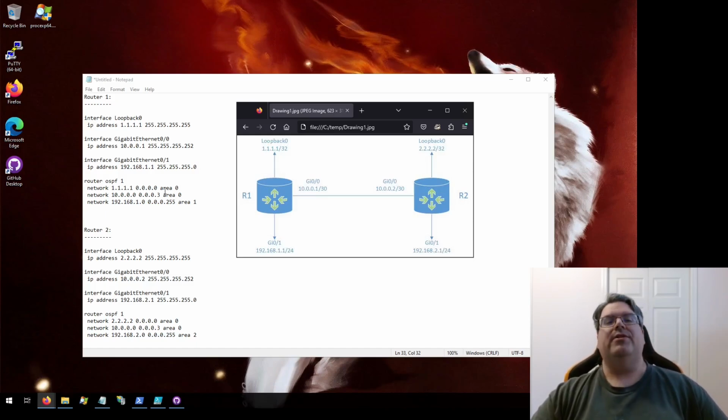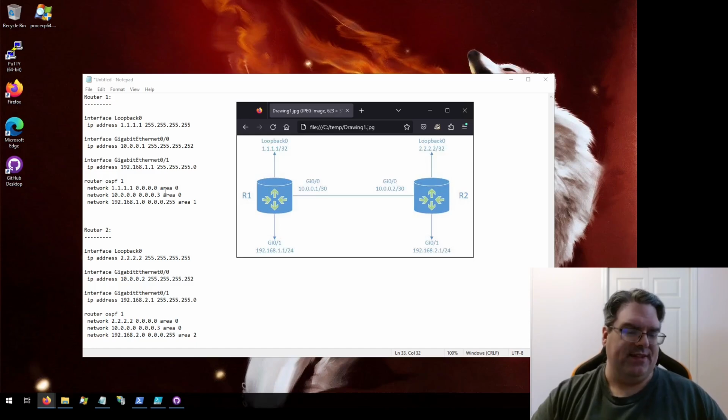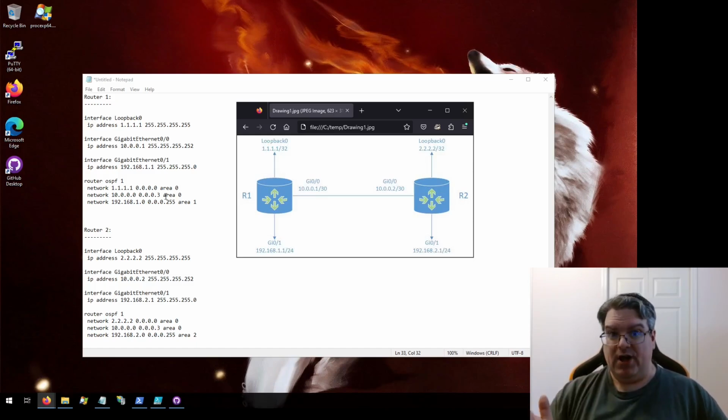With a wildcard mask, it's defined differently. Any bit, and remember these are bits we're talking about, any bit that is a 0 means that it must match. And any bit which is a 1 means it doesn't check that part of the IP address in order to determine whether it fits the filter or not.